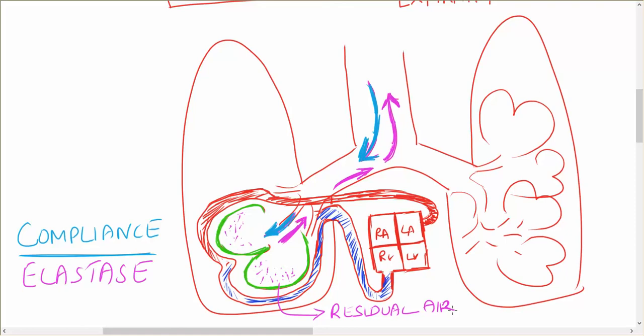Now, when carbon dioxide is taken by the alveoli, oxygen comes to the blood. This will increase the oxygen in the arterial blood, the oxygenated blood which is going to the artery.